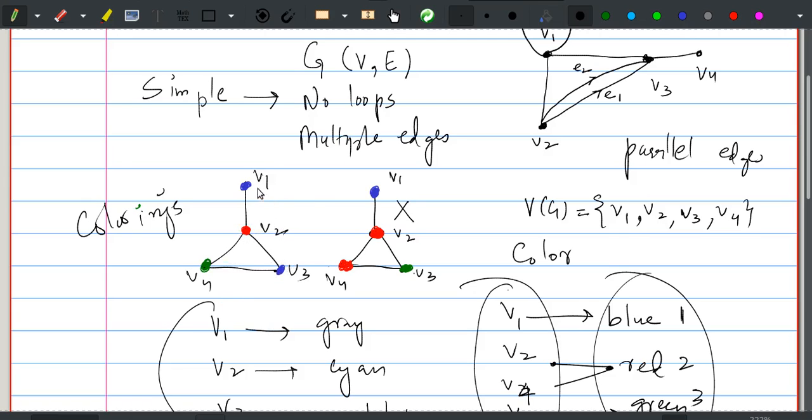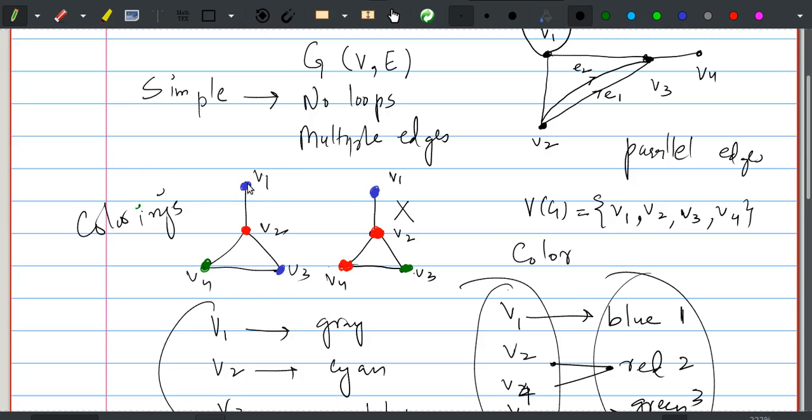Now we have used three colors here: blue, red and green. The question is, can we reduce the number of colors? Can we use just two colors to color these vertices?